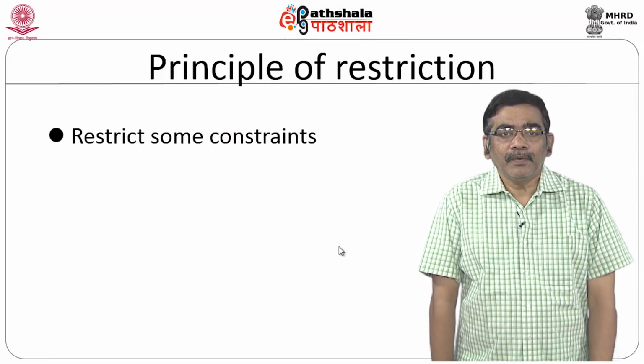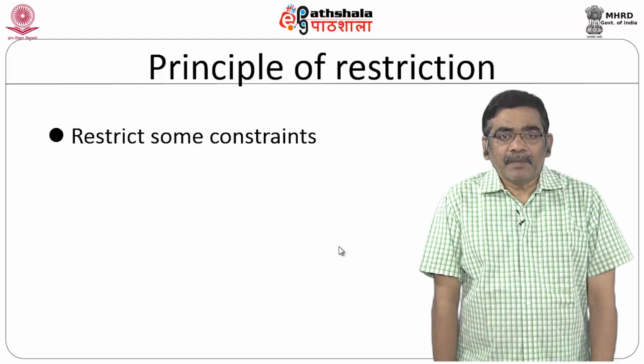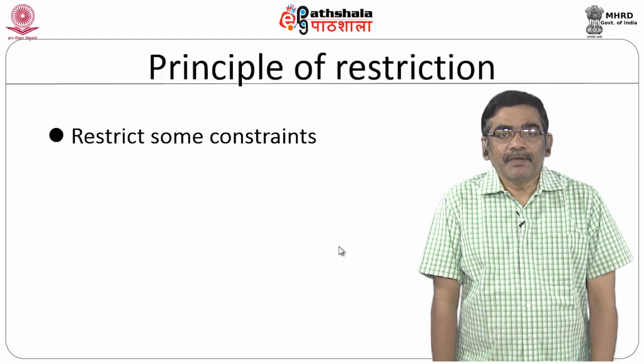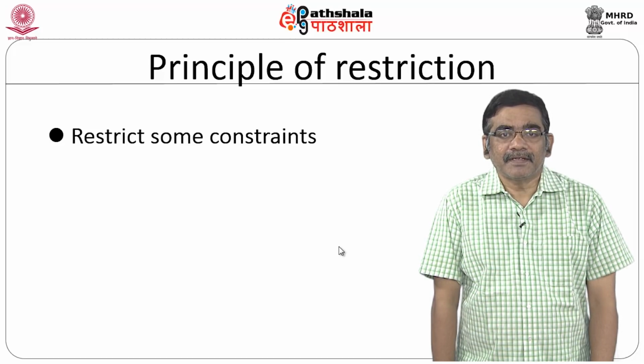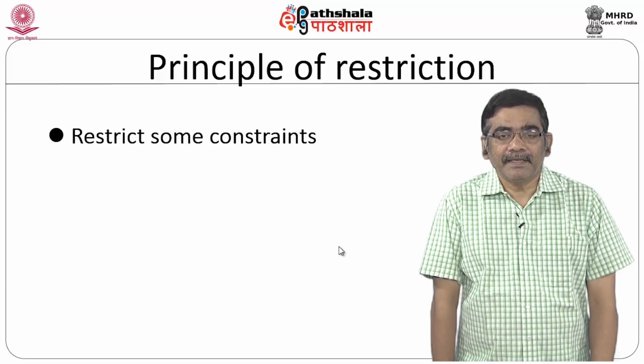Fine. How to design approximation algorithms? The way to design an approximation algorithm is to use the principle of restrictions. What is meant by restrictions? We can relax some of the constraints and solve the problem.